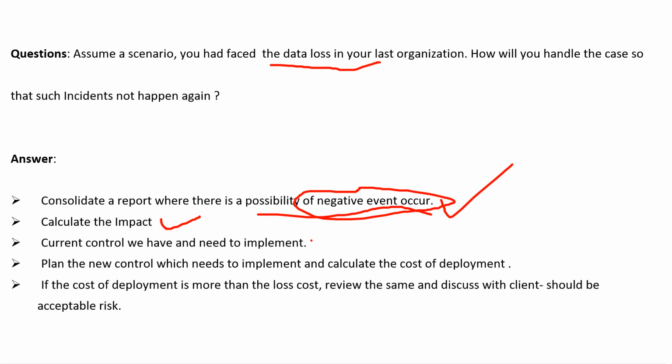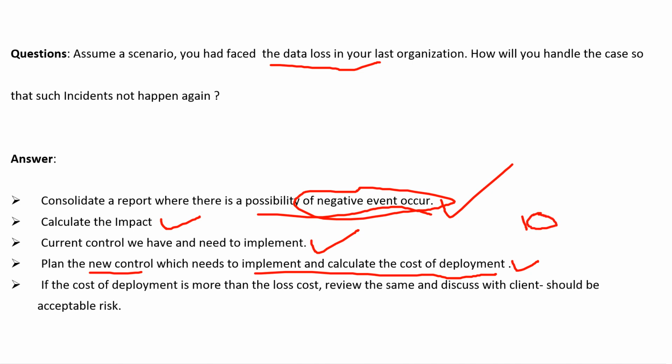The third point is what existing controls we have and what we need to plan to mitigate the negative event, right? And next is to strategize the new controls which need to be implemented and calculate the cost of deployment. This point is very important, because we cannot spend $10 to prevent $1 of risk, right?